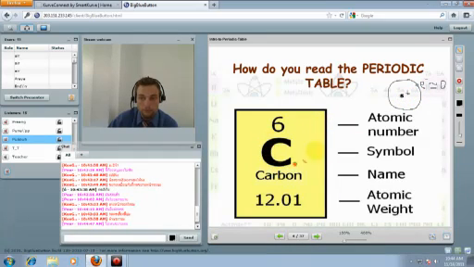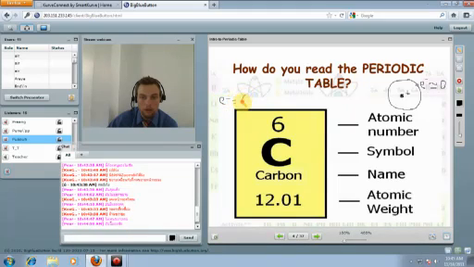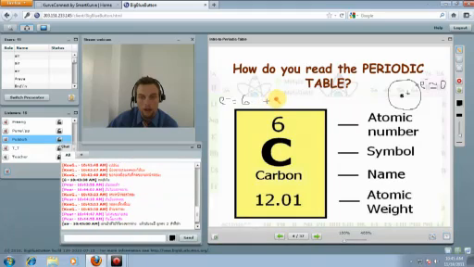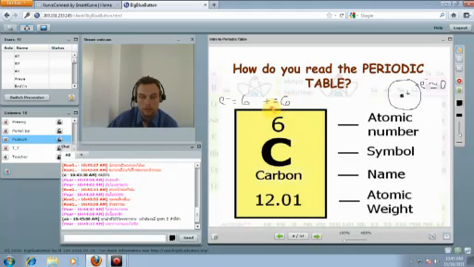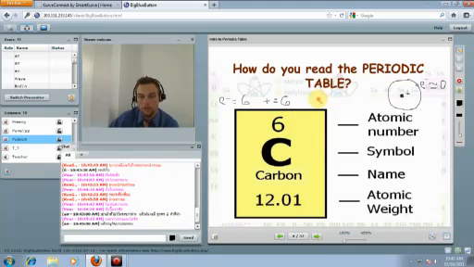Carbon just happens to have 6 electrons and 6 protons. Okay, and it also has 6 neutrons.